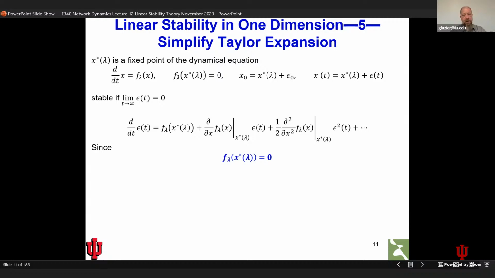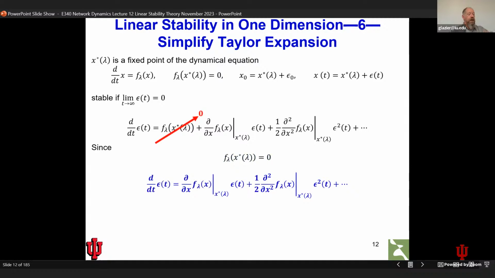Just the way the derivative of x star disappeared on the left, the f of x star now disappears on the right. And so we're left with d by dt of epsilon is equal to df by dx evaluated at x star, that's just a number, the slope of f at x star, times epsilon. And then potentially we need to look at terms of order epsilon squared, epsilon cubed, and so on.